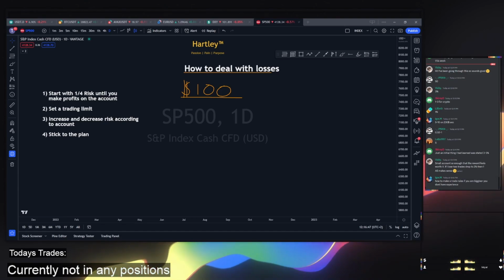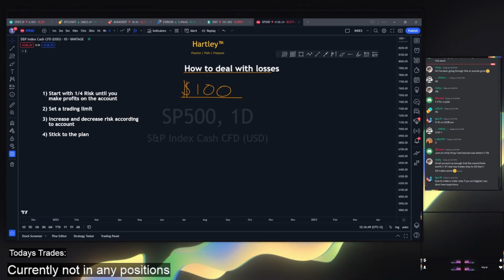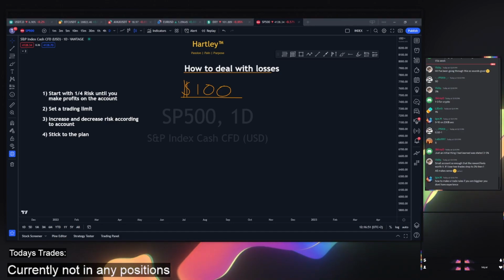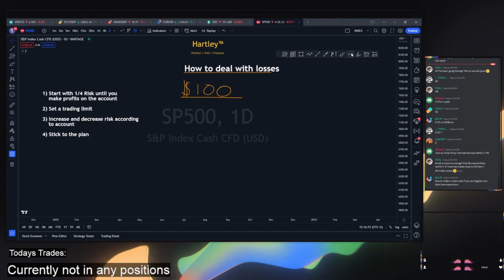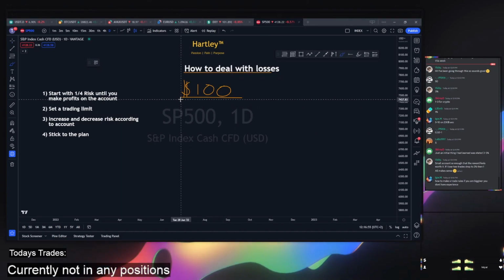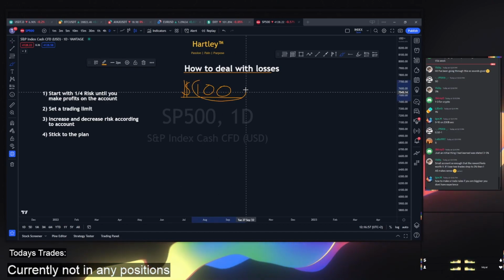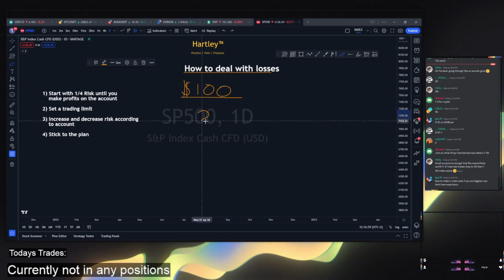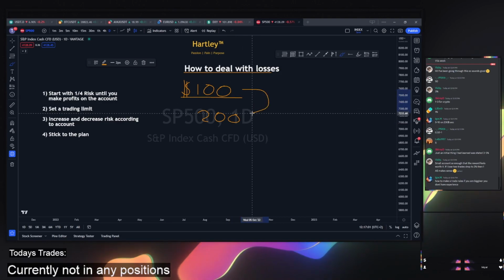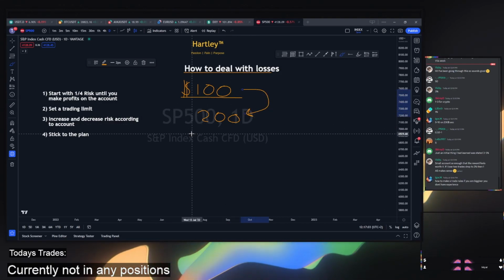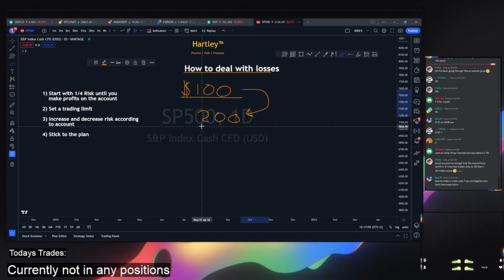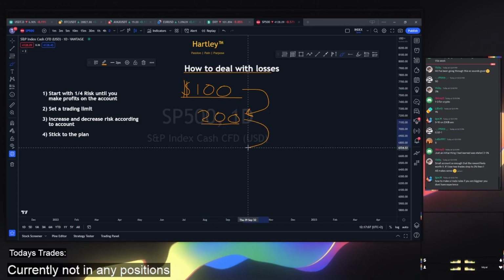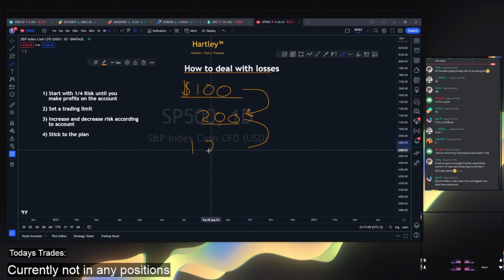So basically, stick to the plan, right? What does that essentially mean? It essentially means that if your account was at $100 and your account gets to $200, your account's now doubled. Now, all of a sudden, you lose a couple trades, you had a bad week or whatnot, and your account gets back down to 120.